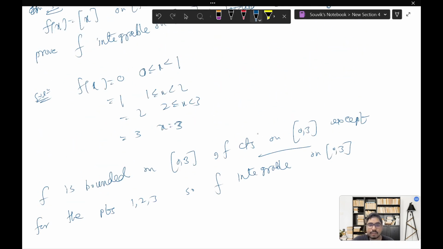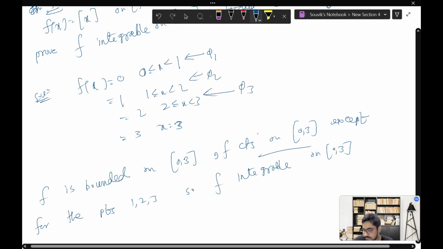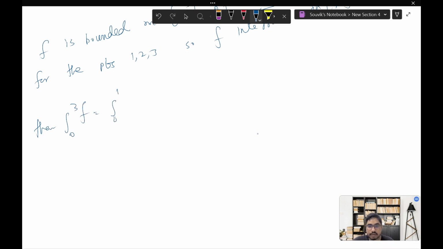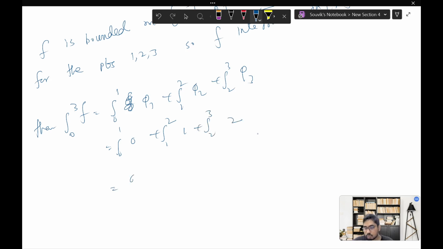Let us call these portions phi 1, phi 2, phi 3. Then the integral from 0 to 3 of f is the integral from 0 to 1 of phi 1 plus 1 to 2 of phi 2 plus 2 to 3 of phi 3. So this will be 0 on 0 to 1, 1 on 1 to 2, 2 on 2 to 3. So 0 plus 1 times (2 minus 1) plus 2 times (3 minus 2), and this will be 3.